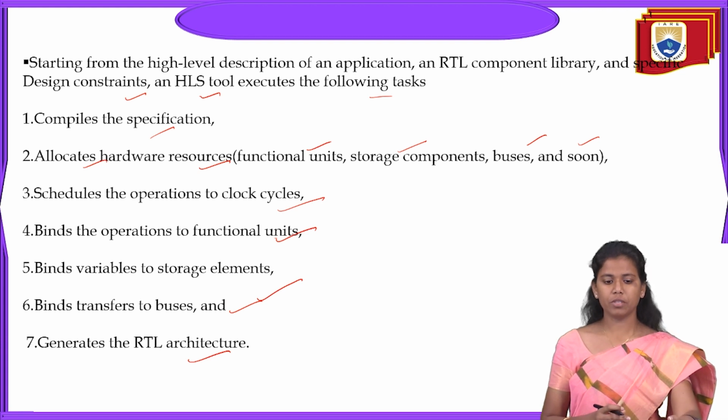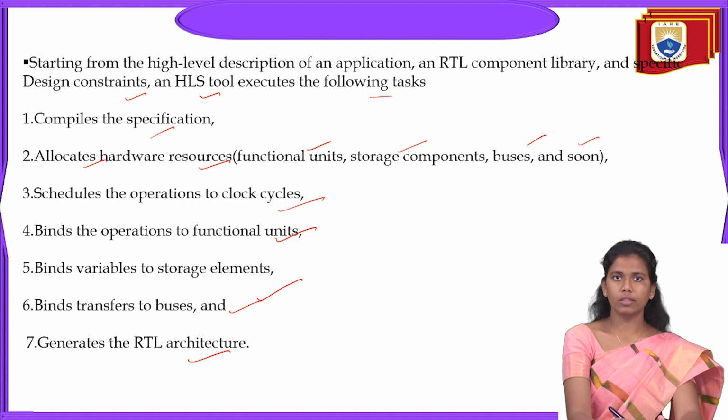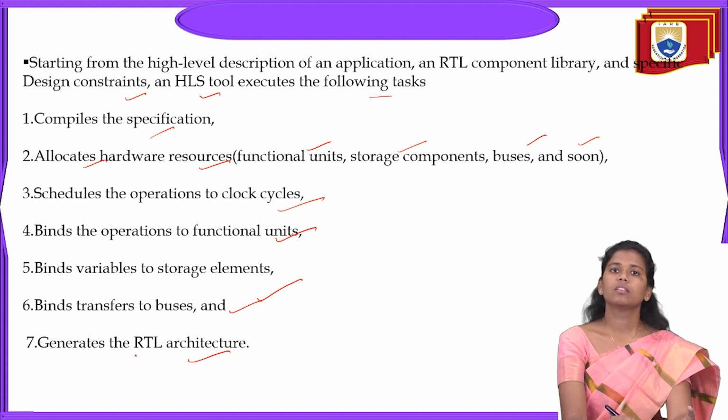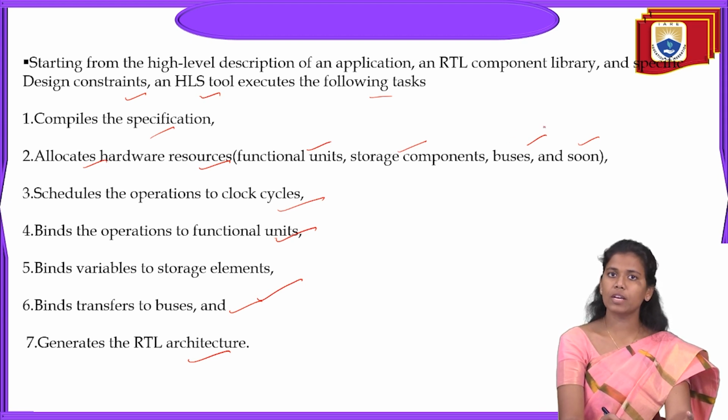So to synthesize using different software tools, we have to go through all these steps. First is compilation. The second is allocating different hardware units, where we consider the functional blocks as well as storage memory elements and also the buses, which are meant for the transfer of information and for connecting purposes.